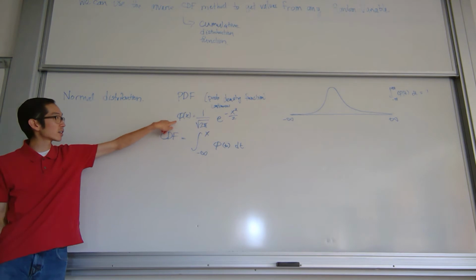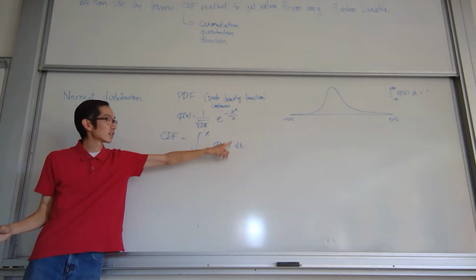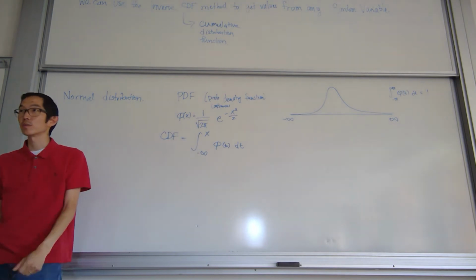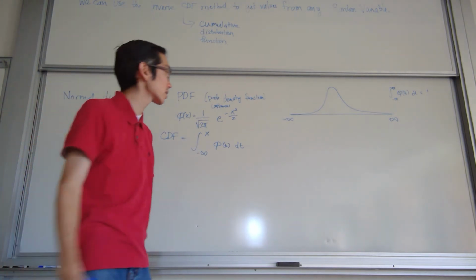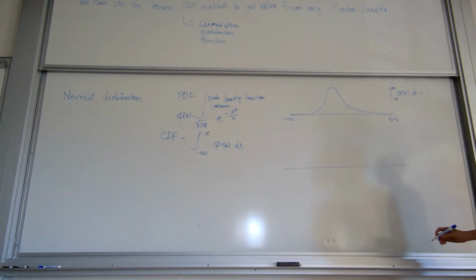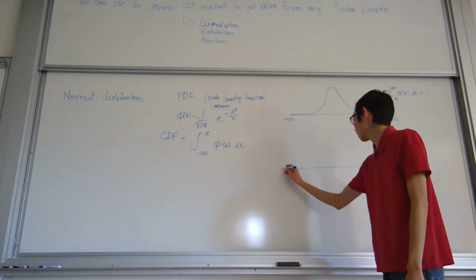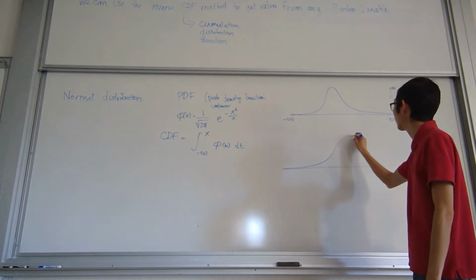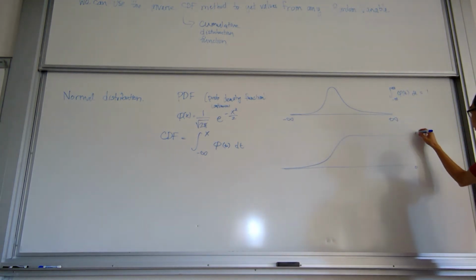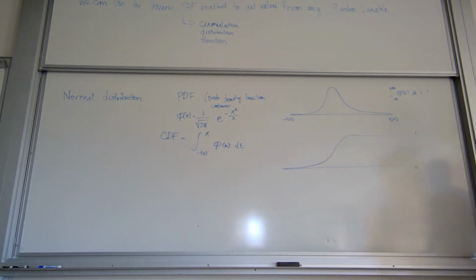So we just take our PDF, and now we get the integral from negative infinity to x. And what does this thing look like? It looks like this, right? It goes like that, and as it goes to infinity, it goes to 1.